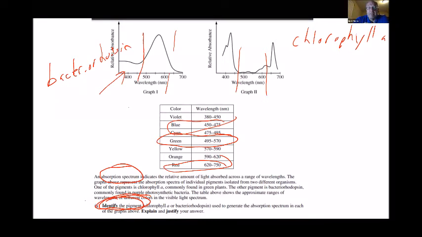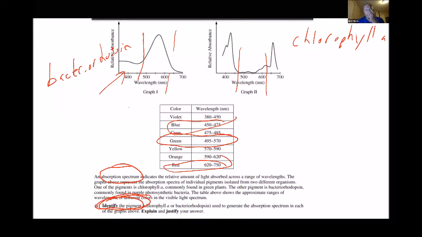And we could say something like this. Bacteriorhodopsin, or the pigment in graph 1, is reflecting bluish light, 380 to 475, something like that. It's also reflecting reddish light, 620 to 750, and therefore it appears purple.